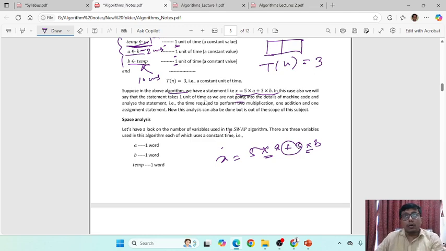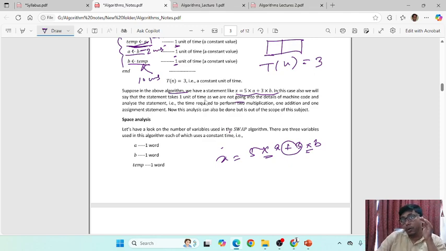But we are not going into the complexities related to the equivalent machine language code, because you all know that high level language code gets translated to machine language code and then it is executed. So we are not going into it. We are only considering the analysis confined within the algorithmic steps that are written.